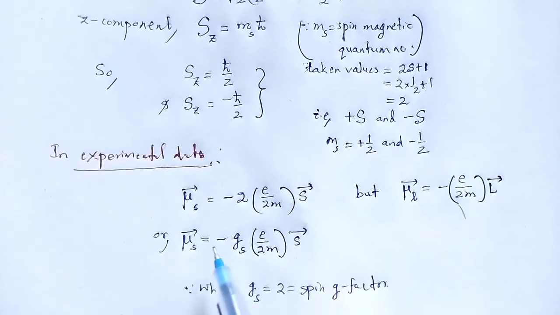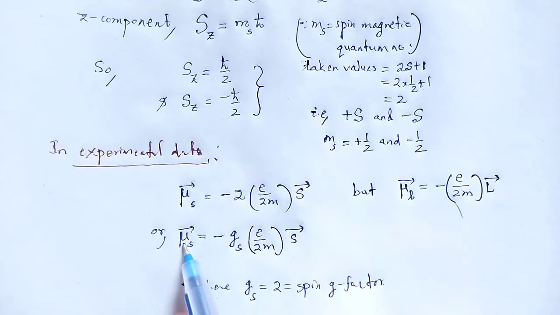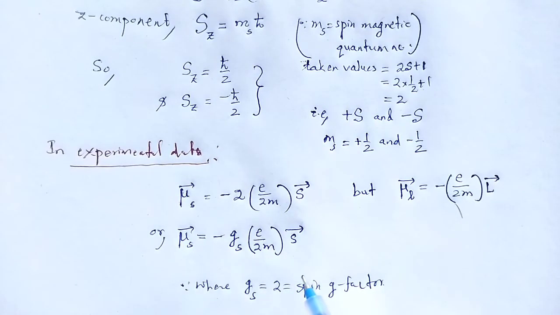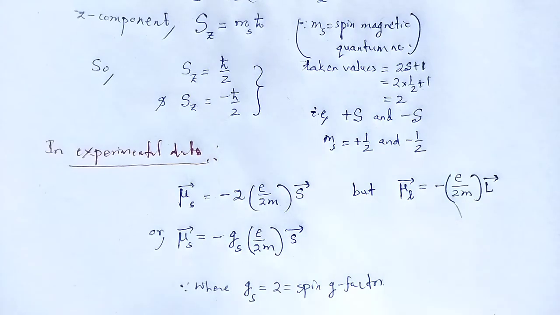Now the spin magnetic moment, mu s is equal to minus g s e by 2m S vector, can be expressed in terms of the Bohr magneton.